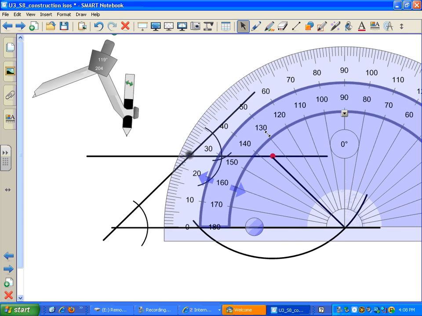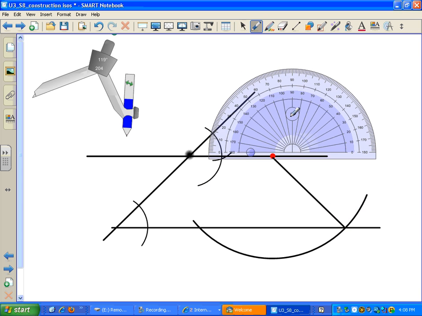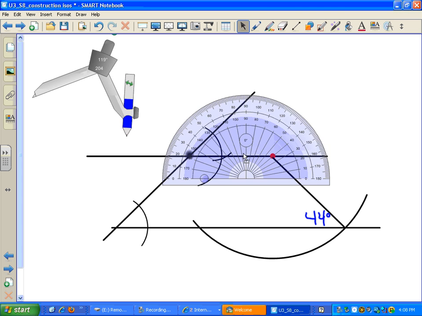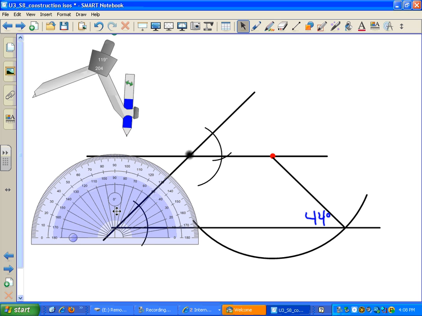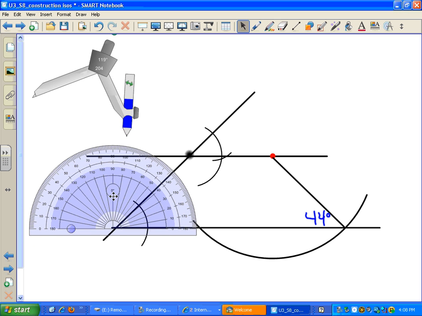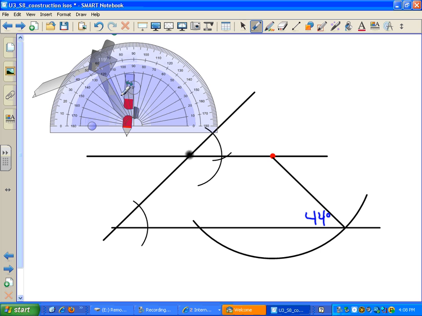So I'm going to label that as 44 degrees. Then I'm going to come over here and measure this other base angle. And this base angle also looks like it's about 44 degrees. So right now it looks like the base angles are congruent.